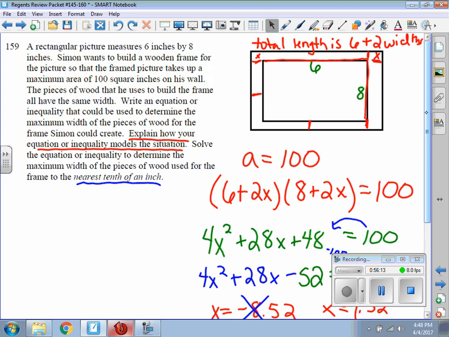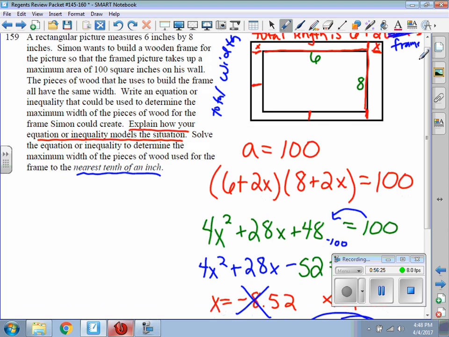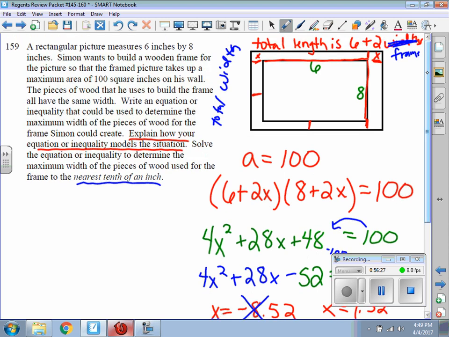And then on the side, total width. Oh, I didn't mean width over here. Plus 2 frames. Total width is 8 plus 2 frames. Something that leads whoever's grading this to know where you got your binomials from.